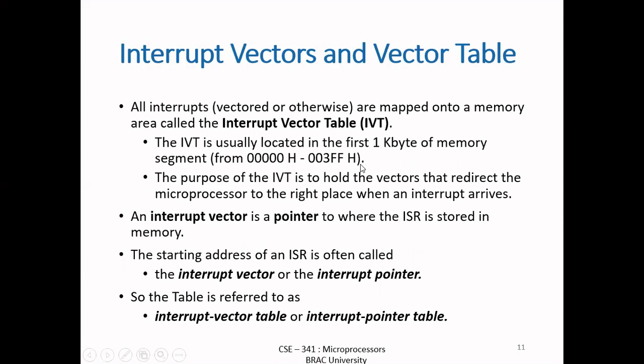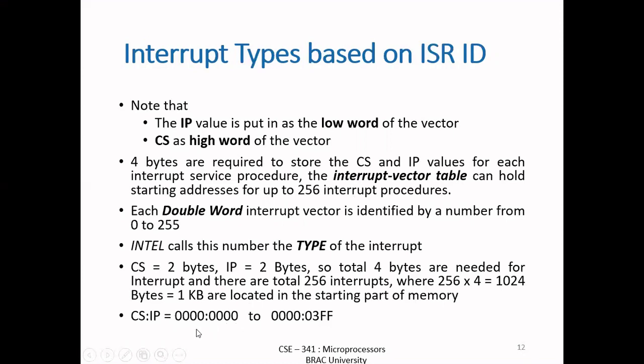And we know what the logical address should be to address these 1 kilobyte locations. These are the logical values. So CS:IP for this interrupt vector table can be 0000 as the value of CS, and 0000 as the value of offset. It is the starting address of the code segment register, and that can be the value of offset.